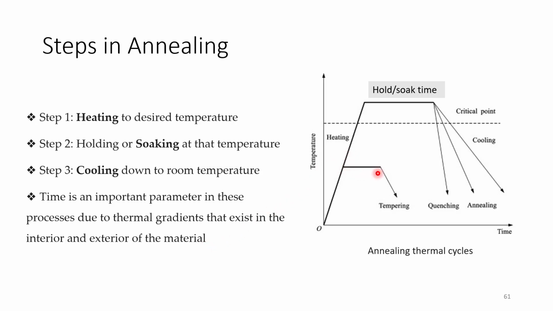Okay, so in case of tempering, you are cooling to a lower temperature, well below the lower critical temperature. Here you are holding, then cooling. In annealing, you are heating, holding, then with different cooling rates you can get annealing, normalizing, or quenching.